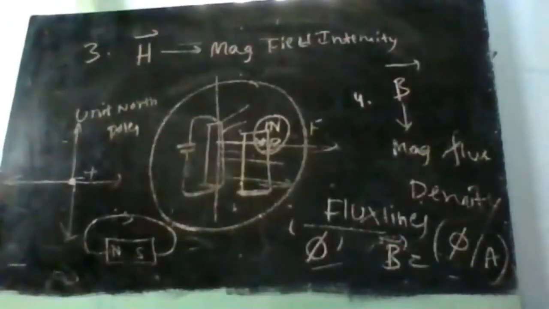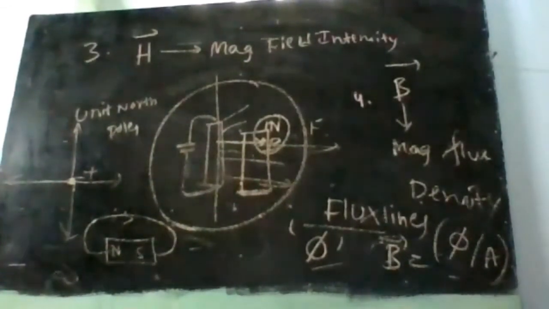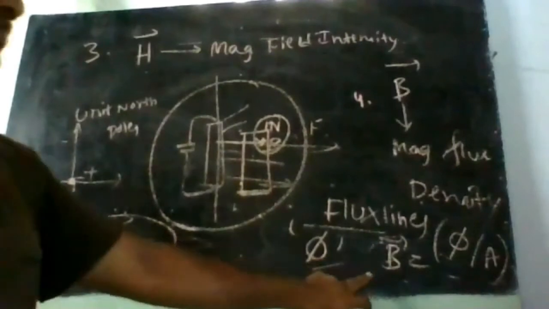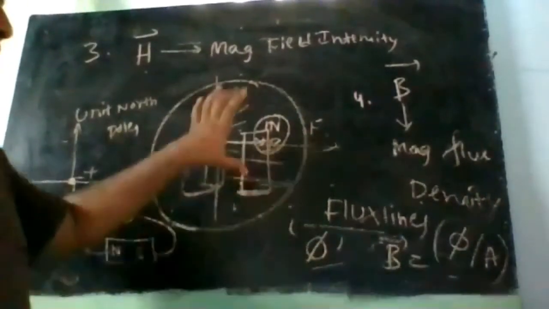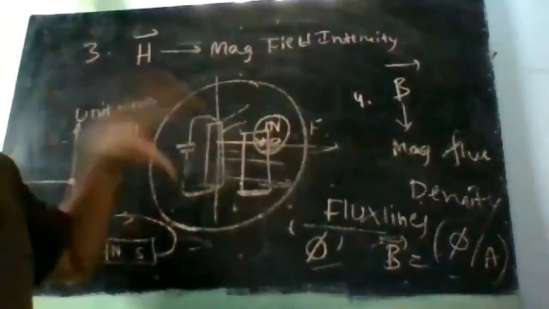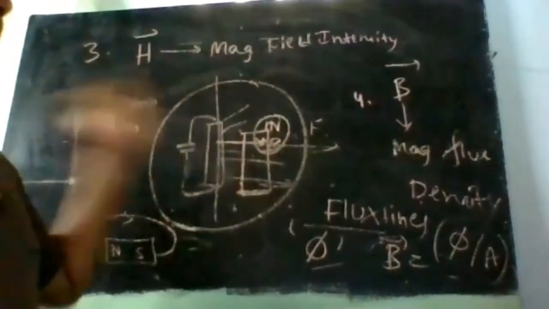So all these concepts, that's why I'm quickly moving on. The flux density can be defined as the number of magnetic flux lines passing through a surface area in the normal direction.